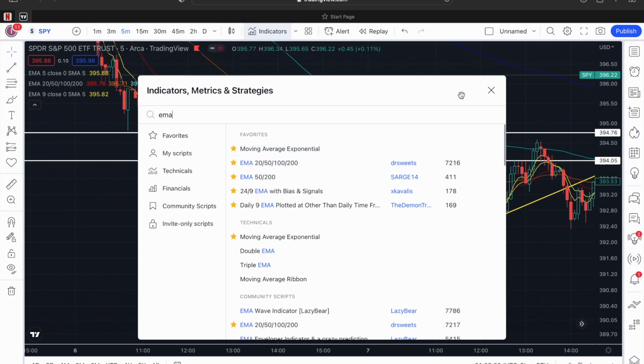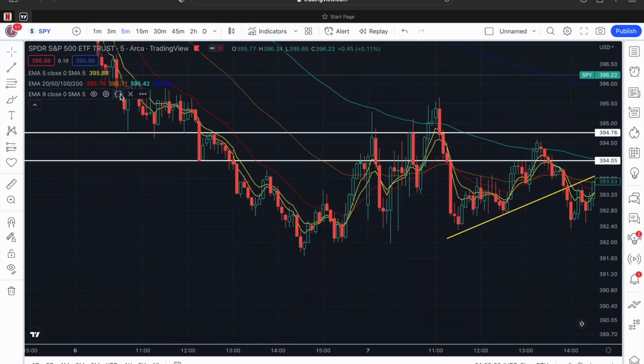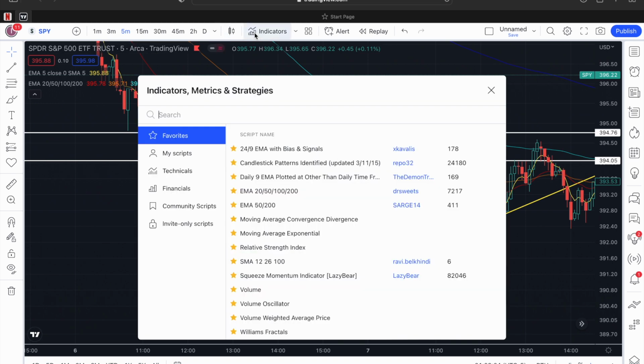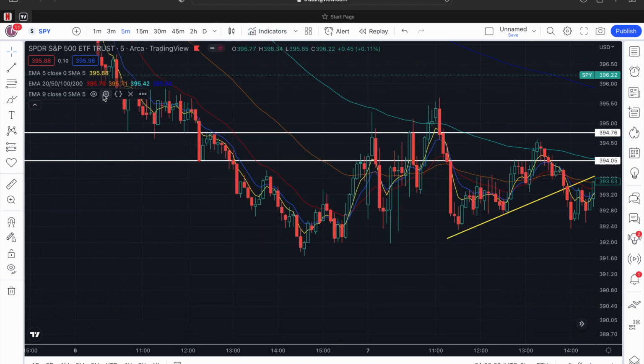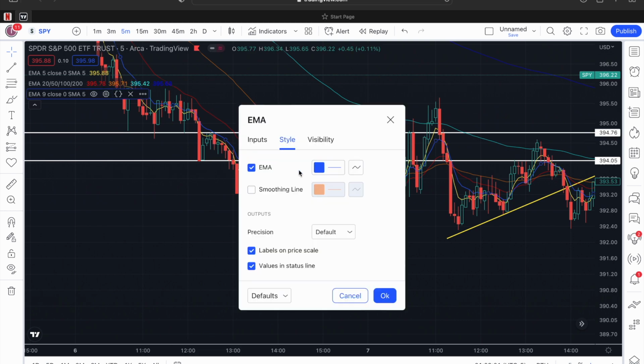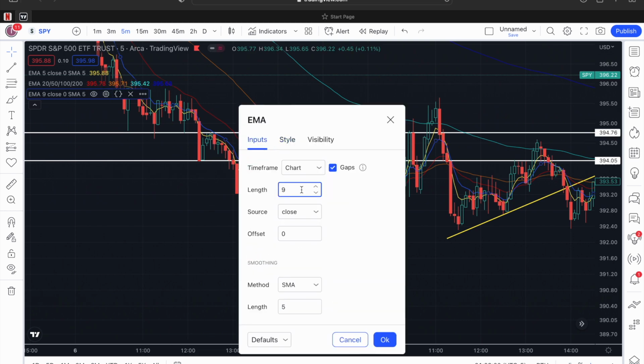You click it. Here, I'm going to X out the 9 EMA for you. Indicators, EMA, moving average exponential, and then I go to settings, and then inputs. You go to length. I change it. Well, that was supposed to be 9, so I keep it at 9.